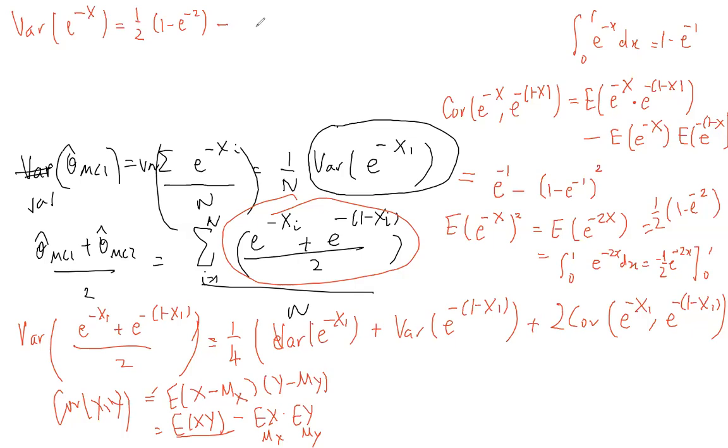The mean is this part here, that's the mean. Sorry, the mean is, okay. The expectation of this, so it's this one, right? Square, okay?